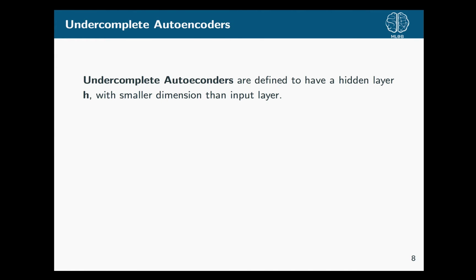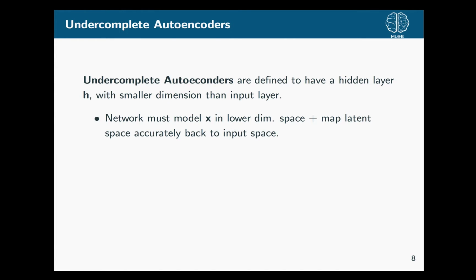So the most standard way to have an autoencoder is to have a network such that the hidden layer is going to be a lower dimensional space than your input layer. And so this is probably the most intuitive constraint that you would want to apply to an autoencoder. Otherwise you could just do whatever you like. It would be far too easy for an autoencoder to reproduce its output if you didn't apply a constraint something like this.